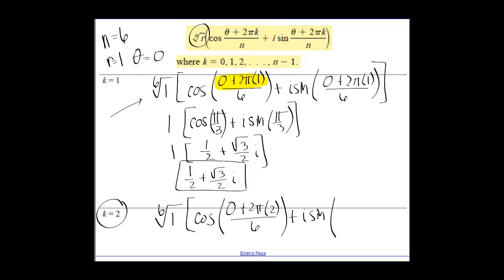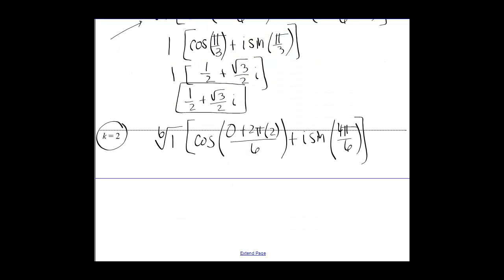I'm just going to simplify that to 4 pi over 6, close bracket. Out front, the 6th root of 1 we've determined is just 1. Cleaning up the numerator, there's my 4 pi over 6, or cosine of 2 pi over 3 plus i sine of 2 pi over 3.